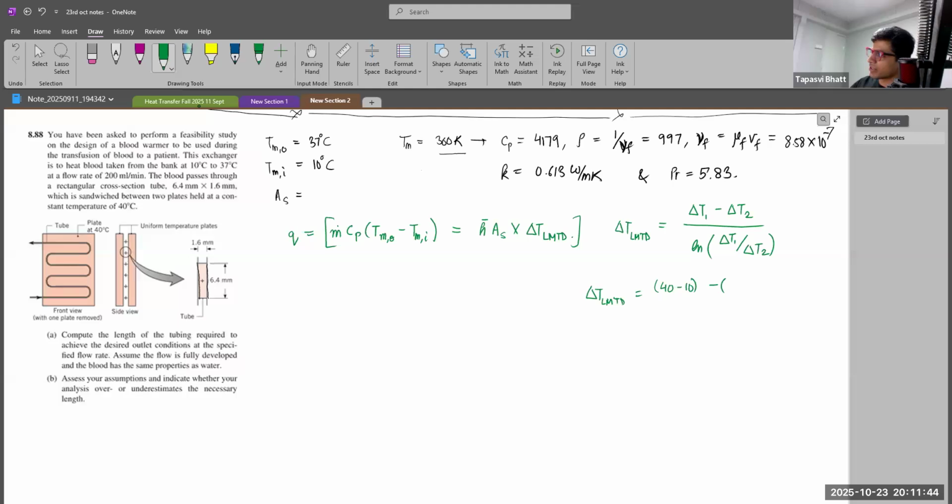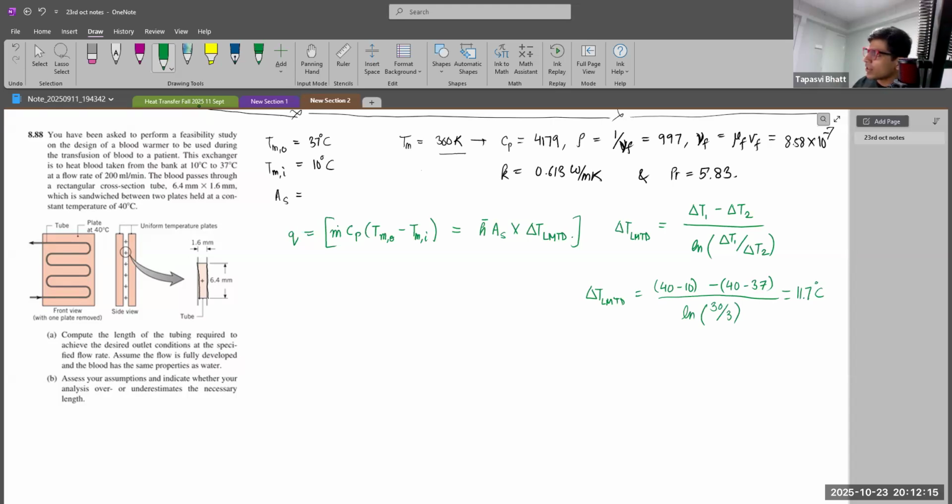The temperature of the wall still remains constant, but the internal temperature changes to 37 degrees Celsius, over ln of delta T1 over delta T2, which is 40 minus 10 is 30 over 40 minus 37 is 3. So the value I have is 11.7 degrees Celsius. This is the delta T LMTD.